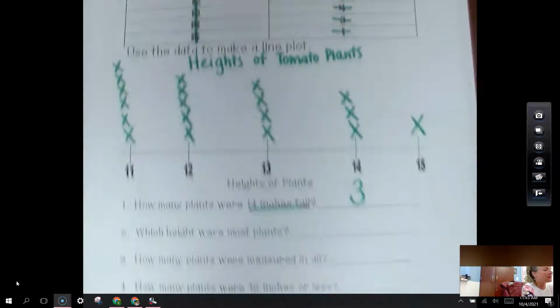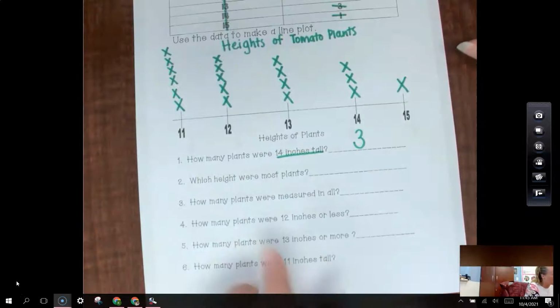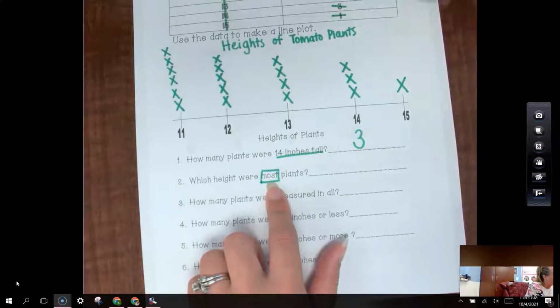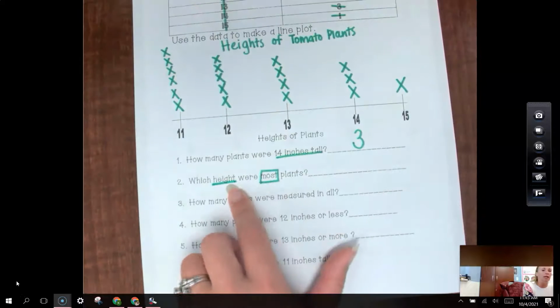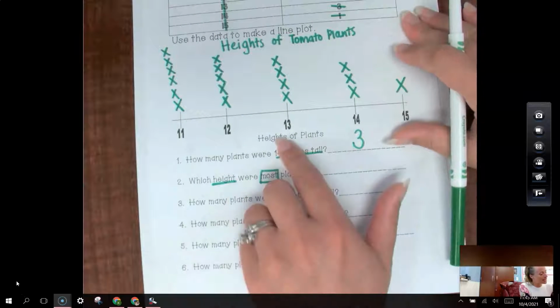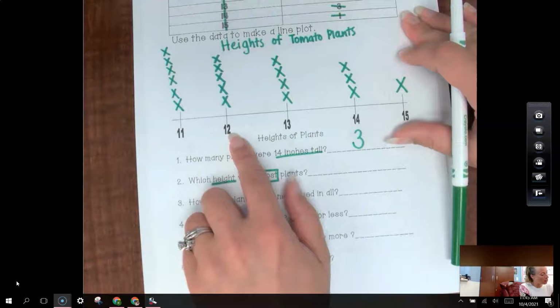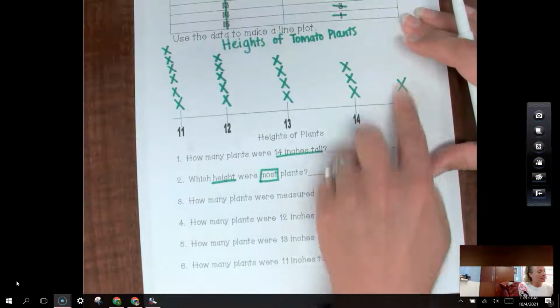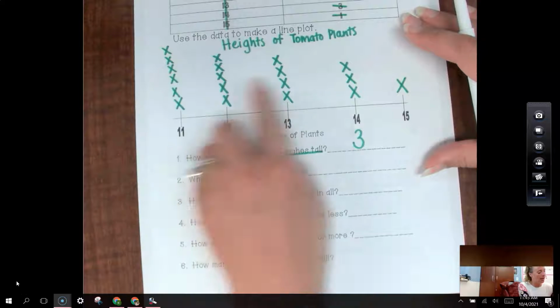Well, our next question says, which height were most plants? Please box the word most. Please underline height. We are looking at the height, height is 11, 12, 13, 14, or 15. Remember, the X's are plants. They are not heights.